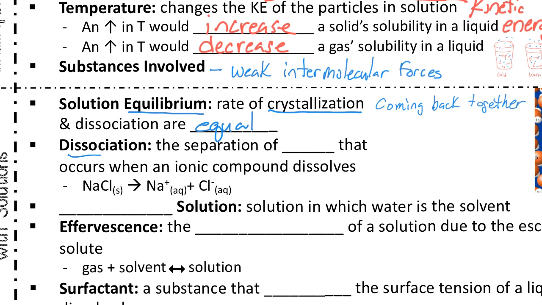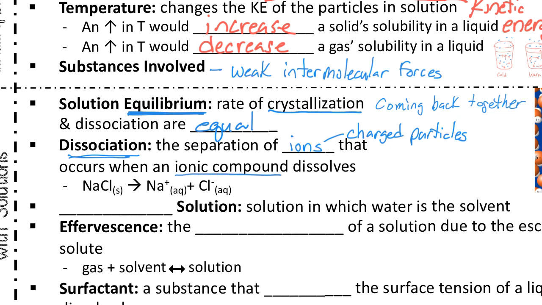Where dissociation is the separation of ions. Remember, ions are charged particles. So when we're looking at solution equilibrium, the rate that things are coming back together and forming a crystal is going to be equal to the rate that things are breaking apart, dissociating and separating into ions.